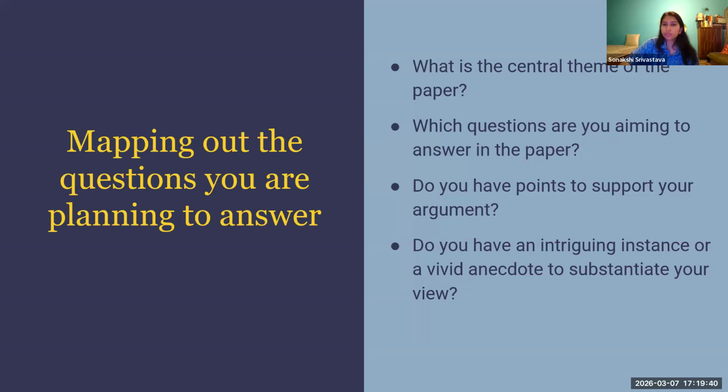This is true for most blog posts. So, if you are writing a blog post, for example, for a public facing audience, or if this is a scholarly blog, right? You can actually start with an intriguing instance or a vivid anecdote. It's a very good approach of starting an introduction because you get the hook right. You get the audience hooked through a personal narrative.